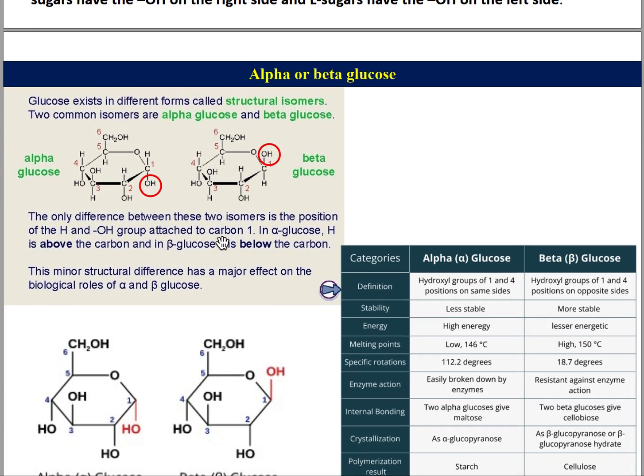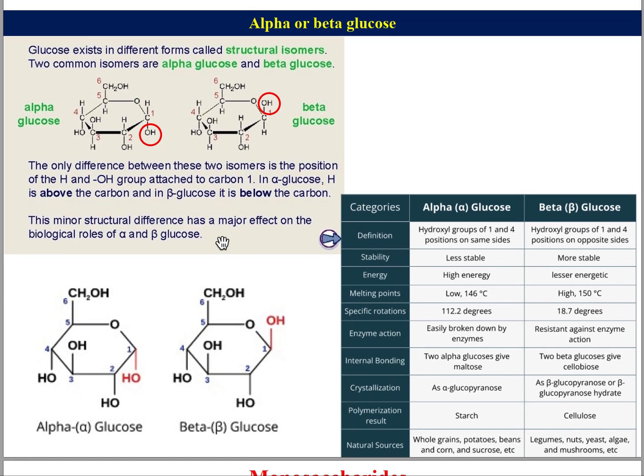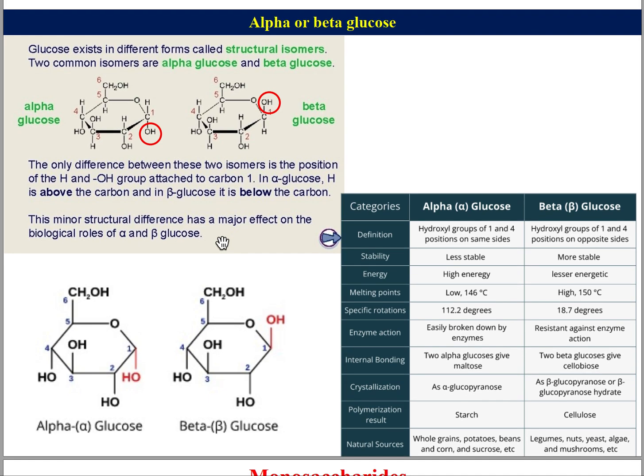Okay, so let's study alpha and beta glucose. Glucose exists in different forms called isomers, and the two common isomers are alpha glucose and beta glucose. The only difference between these two isomers is the position of hydrogen and hydroxyl group attached to carbon 1.